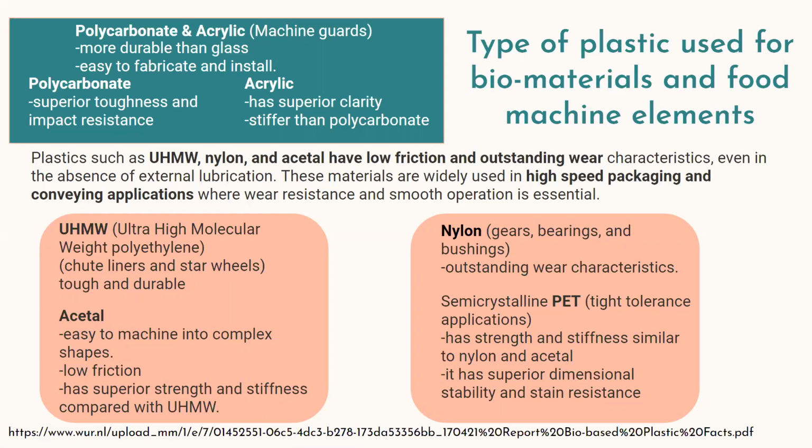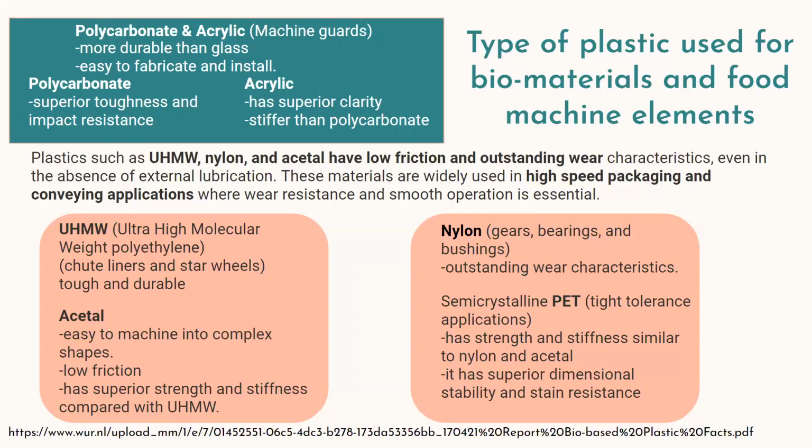Okay, and then plastics such as UHMW, which stands for ultra high molecular weight polyethylene, nylon, and acetal have low friction and outstanding wear characteristics, even in the absence of external lubrication. These materials are widely used in high-speed packaging and conveying applications where wear resistance and smooth operation are essential. UHMW is tough and durable. It performs well in applications such as chute liners and star wheels where low friction and excellent wear performance are required.